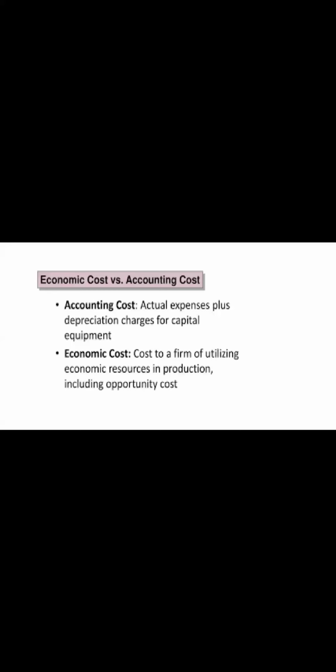Look at this slide. Accounting cost is actual expense plus depreciation charges for capital equipment. Like a car you buy for 5 lakhs or 6 lakhs. You can drive it for 14 or 15 years, right? By the 11th year, you will have to spend more time and money on maintenance, right? That is all included in your accounting cost.